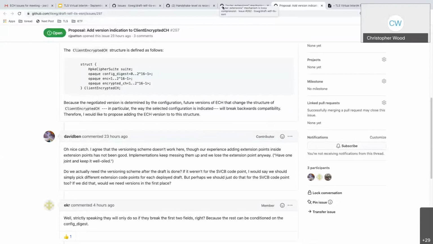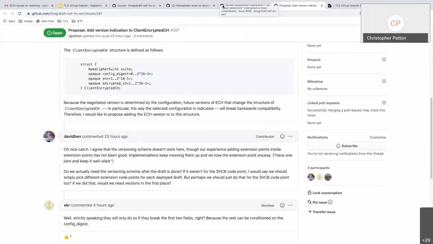Well, people have discussed various ways of indicating which configuration was used. Like Nick Sullivan once proposed a super truncated hash, which is still a config hash technically. But I'm concerned that, as an anti-ossification measure, these might change in the future, so I'm not sure that we want to commit to them.